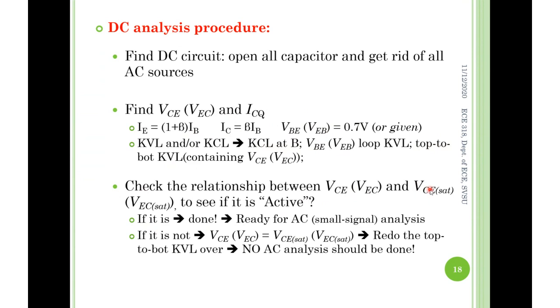And the VCE saturation voltage is very, very easy. It's a constant that will be given or assumed to be 0.2 volts. So it's not like the MOSFET, where the saturation voltage needs to be calculated. No, the VCE saturation voltage is given here. Very easy.